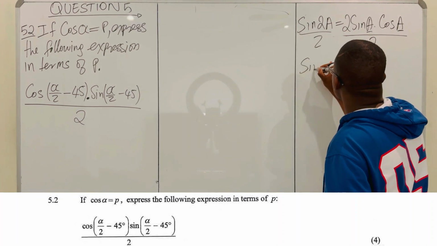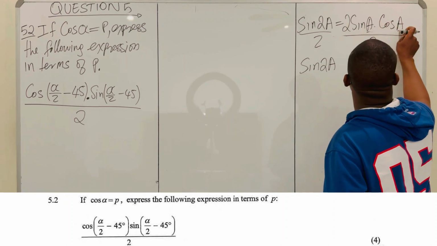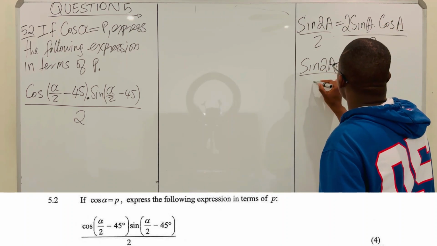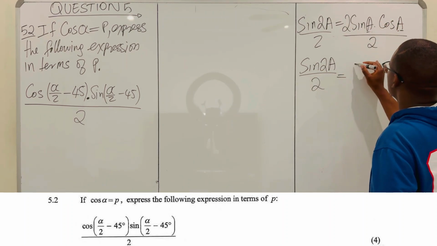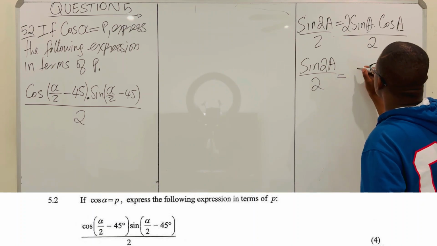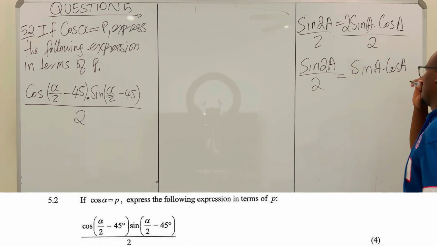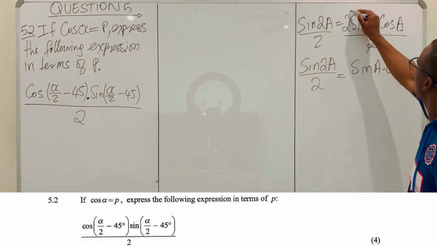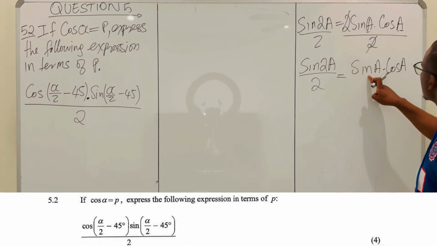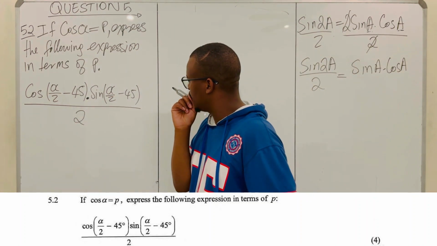So sine 2A, which is 2 times those angles, all over 2 is equal to sine A times cos A. So this and that went away. If you look at this and this, it's similar to this one and this one over here.